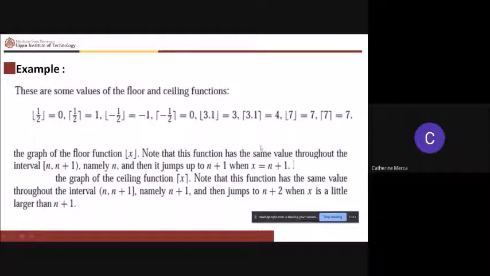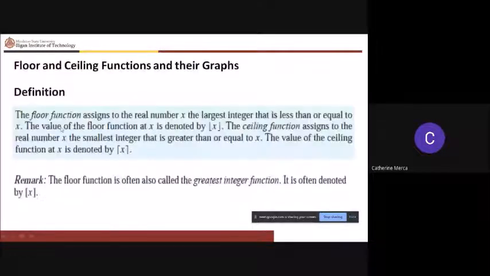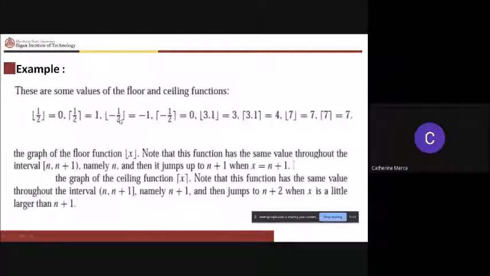About negative 1/2. This is supposed to be your floor. So, unsay pinakadako here, tingnan natin yung definition para makita niyo. Floor function, largest, that is less than or equal to x. Largest that is less than or equal to x.